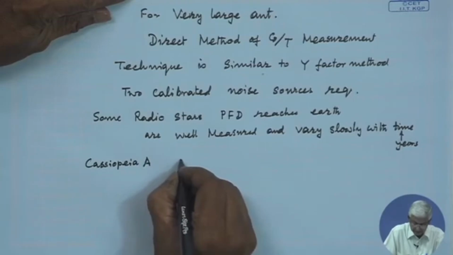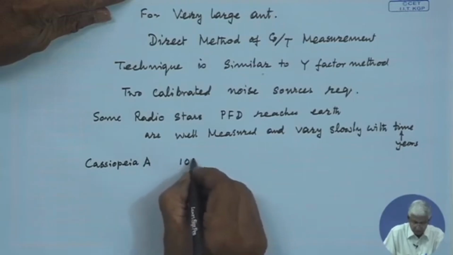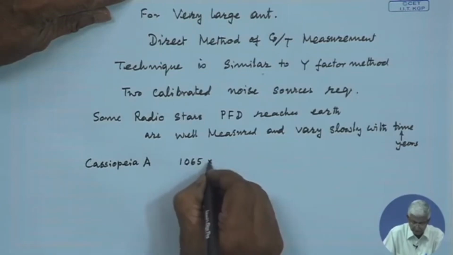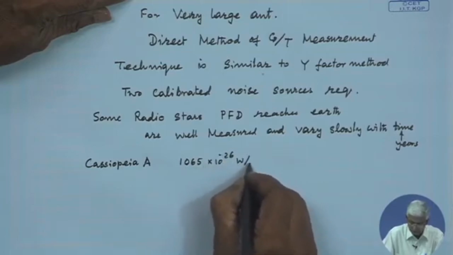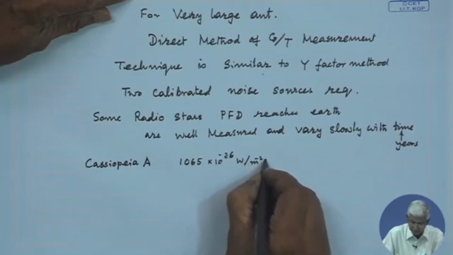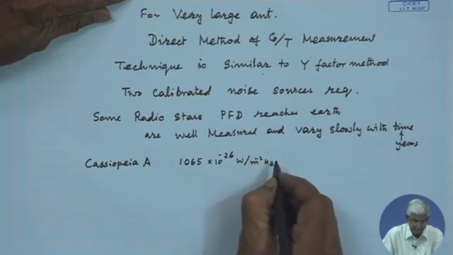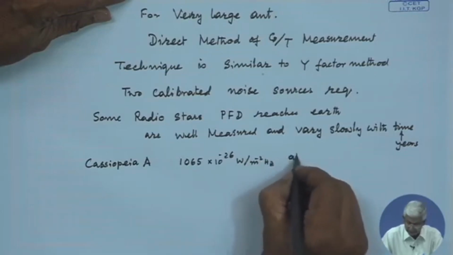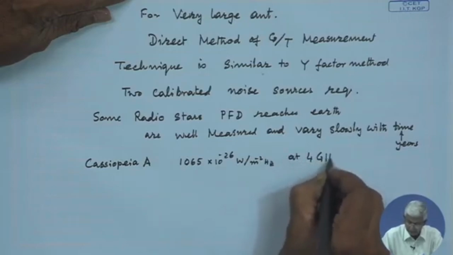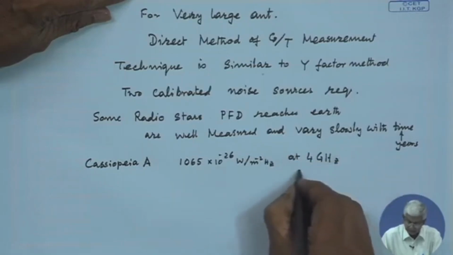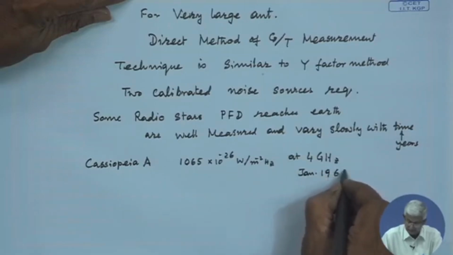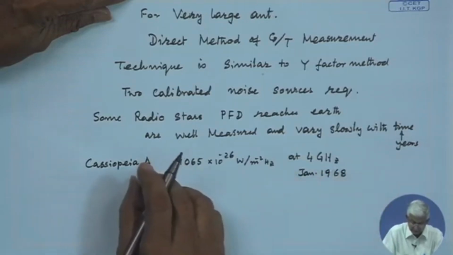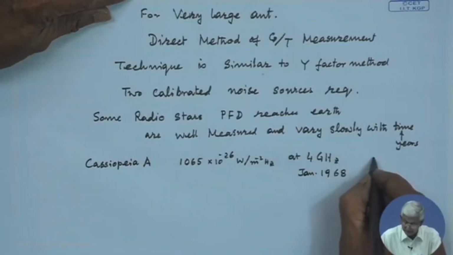It emits, and earth receives, 1065 into 10 to the power minus 26 watt per meter square per hertz, measured at 4 gigahertz in January 1968, and the diameter of this radio star is 4 minutes.